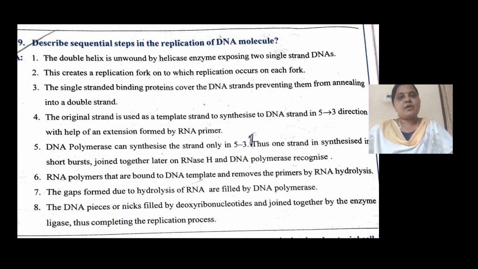The gaps formed due to hydrolysis of RNA are filled by DNA polymerase. The DNA pieces are filled by deoxyribonucleotides and joined together by the enzyme ligase, thus completing the replication process. So this is about the sequential steps in the replication of the DNA molecule.